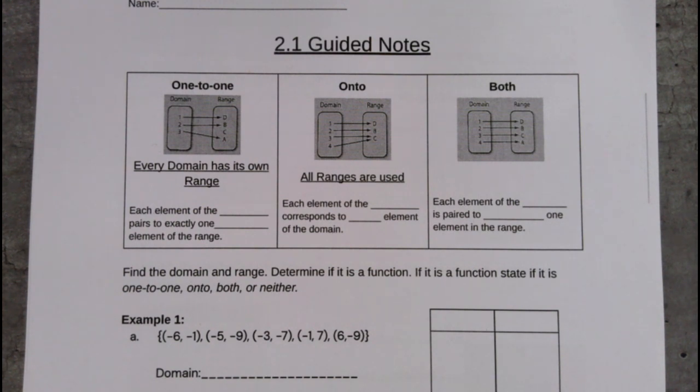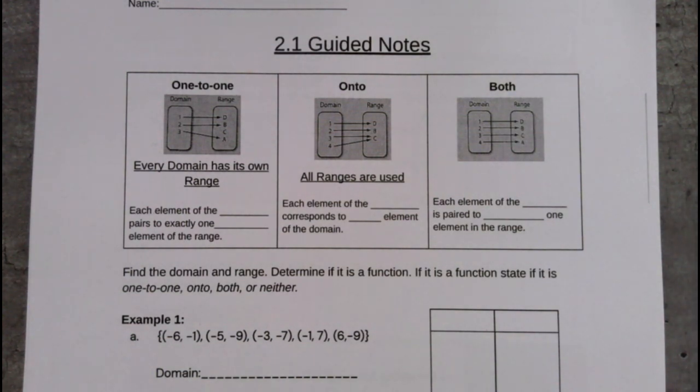So we're going to look at now more specifically, there are three different types of functions. There are functions that are called one-to-one, there are functions that are called onto, and there are functions that are both of those things. And that's what we're going to look at with these first three mappings.